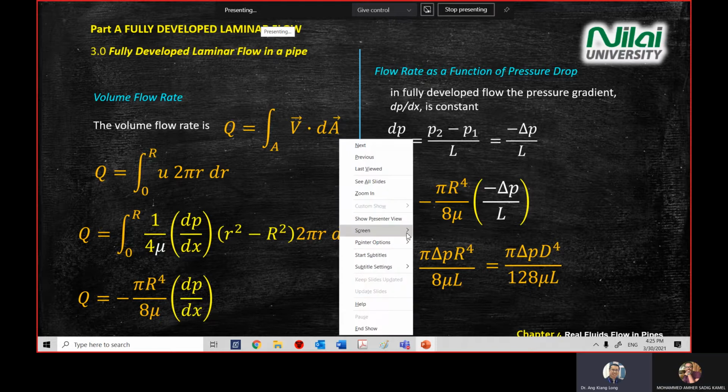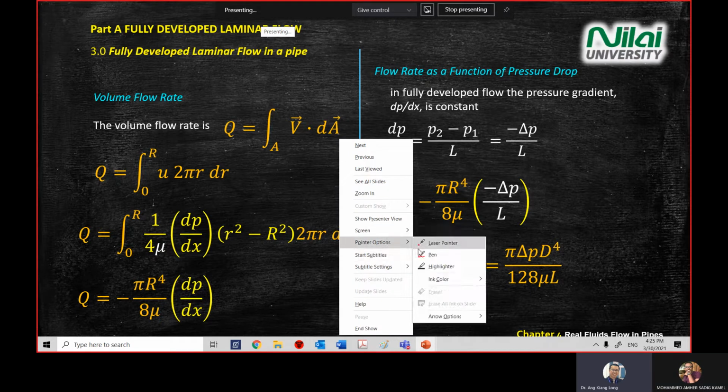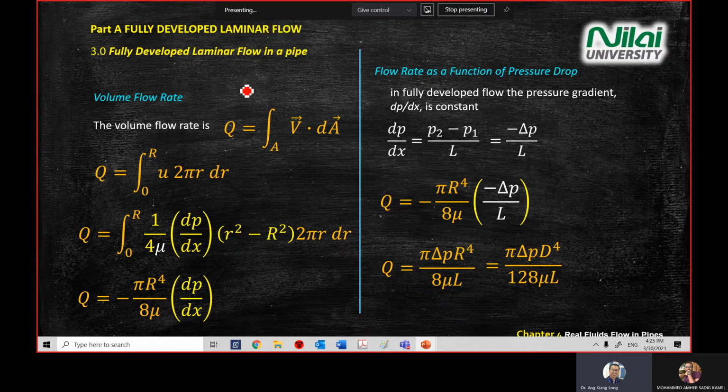So for example, just as a side note for the other two members, let's say the question gives you a pressure like 8x power 3 plus 4x. So you cannot use this equation directly from here, because the right hand side is the pressure drop, the different pressure.